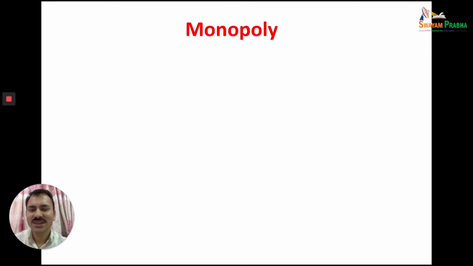Furthermore, no other seller can enter the market. There is a restriction of entry in the market. Under monopoly, you cannot differentiate between firm and industry because there is only one seller. So the monopolist is a firm as well as the industry. The firm is the industry since there is only one producer in the market.